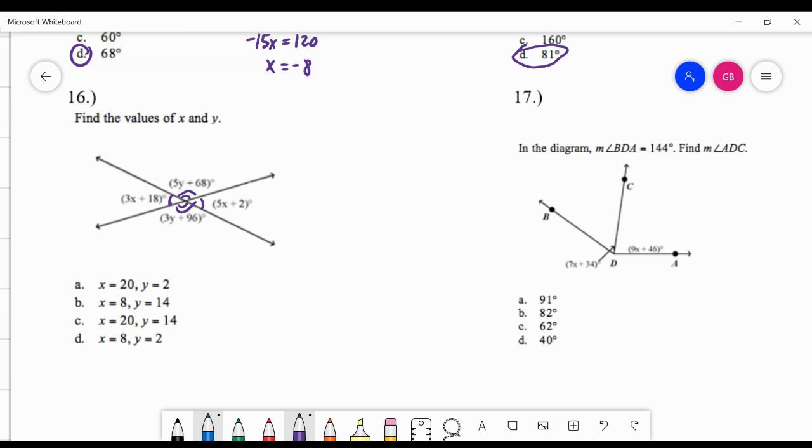So first x, so 3x plus 18 is equal to 5x plus 2. Okay, I'm going to subtract 3x on both sides. So it's negative 2x. I'm going to subtract 2 from both sides to get 16.